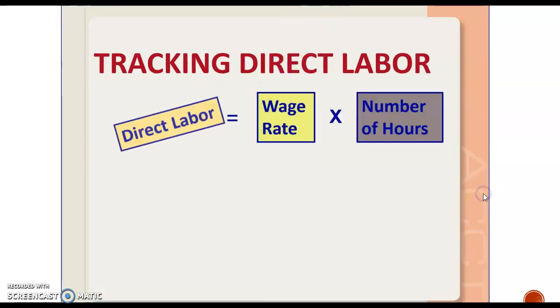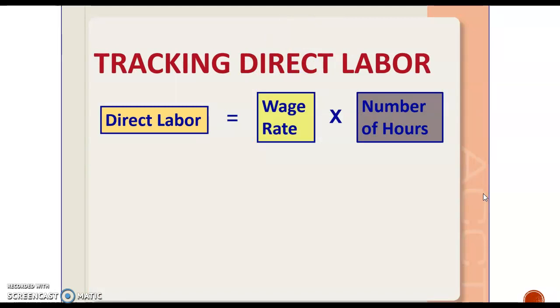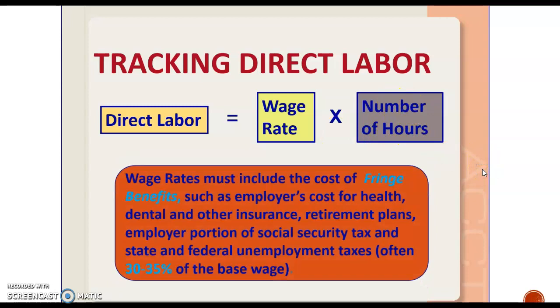Okay, for direct labor, we take the wage rate times the number of direct labor hours. This is an average. We might have 200 guys working in the factory, okay? And what is the average wage rate times the number of direct labor hours? And that'll tell us the gross wages.